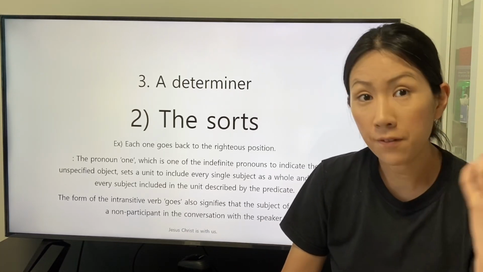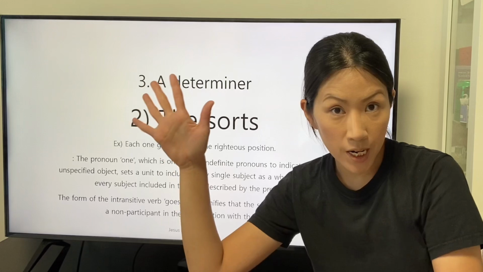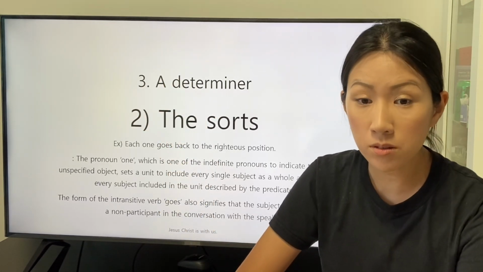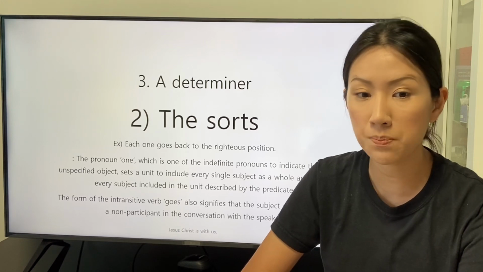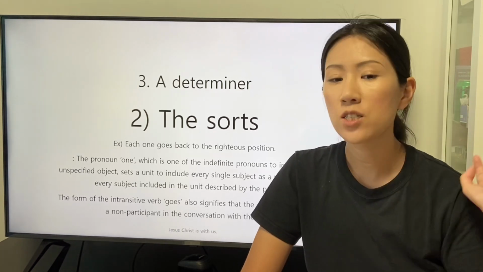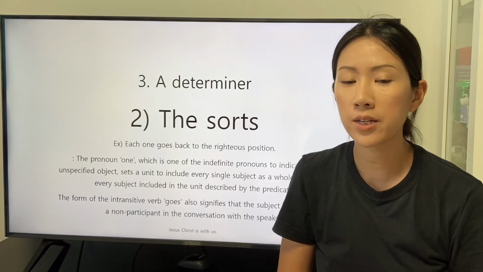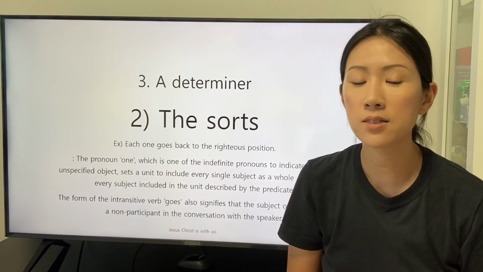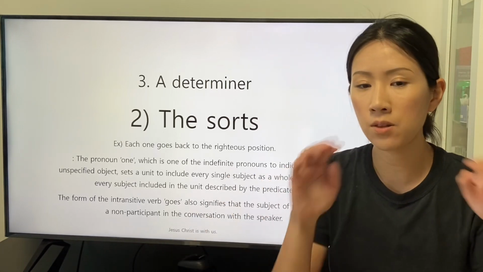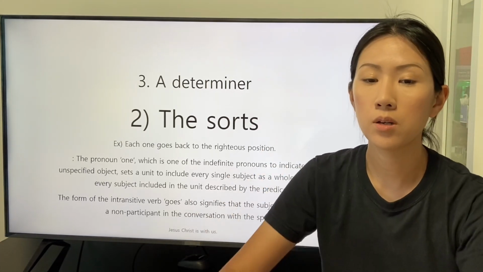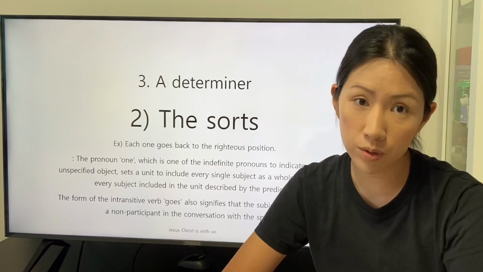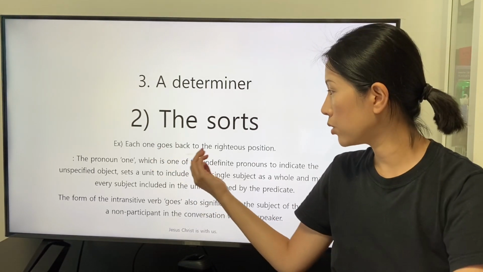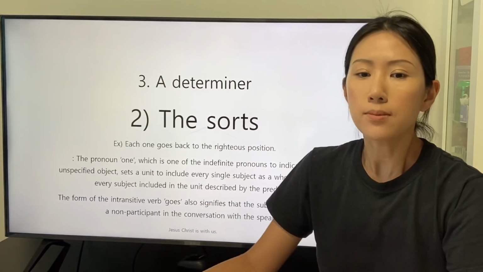From the application of the determiner every, the pronoun one, which is one of the indefinite pronouns to indicate the unspecified object, sets a unit to include every single subject as a whole and makes every subject included in the unit or a group described by the predicate goes back to the rightist position.